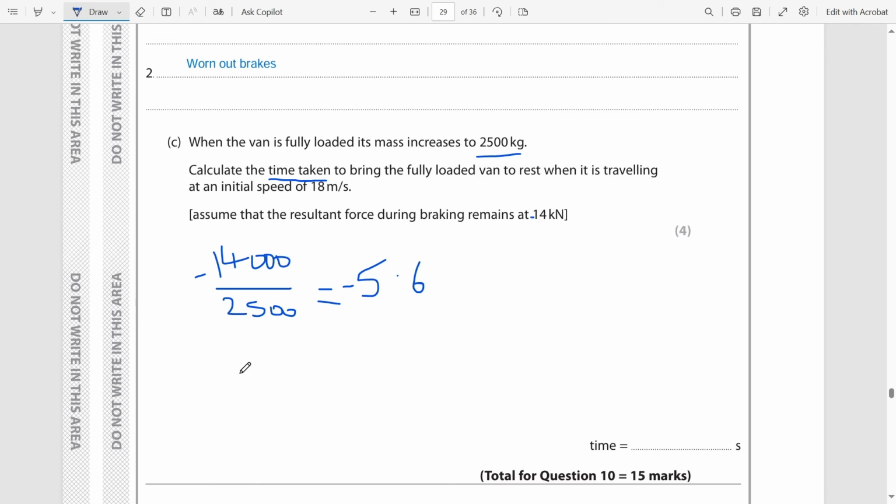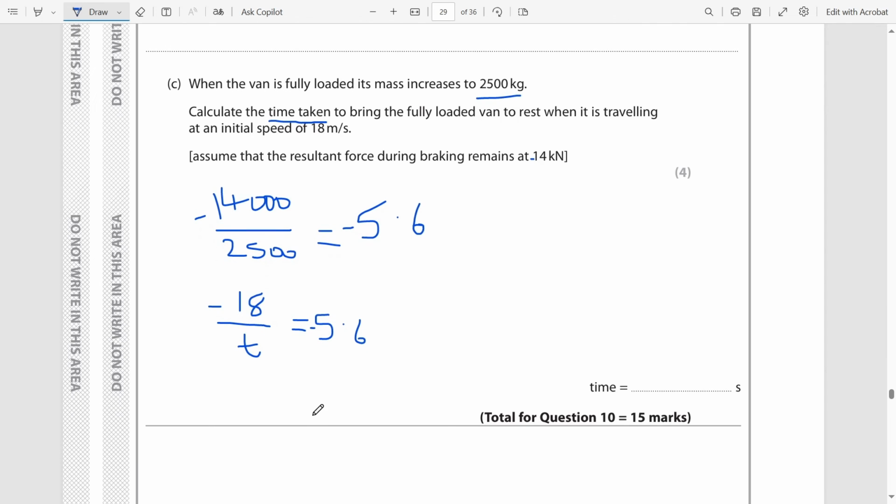And then we have what we're trying to find, time taken. So then we can do an initial speed of 18 meters per second, so that's going to be negative 18 over time, which we don't know, equals negative 5.6. So what we're going to do, guys, is the same thing.